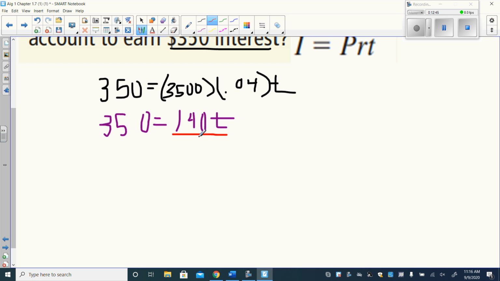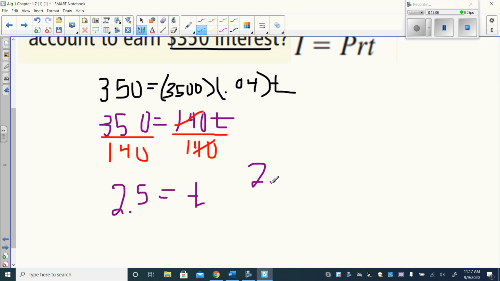And lastly, to get time by itself, we're going to divide both sides by 140. Because 140 and 140 will cancel, leaving us t by itself. And then we could do 350 divided by 140, and we get t as 2.5.